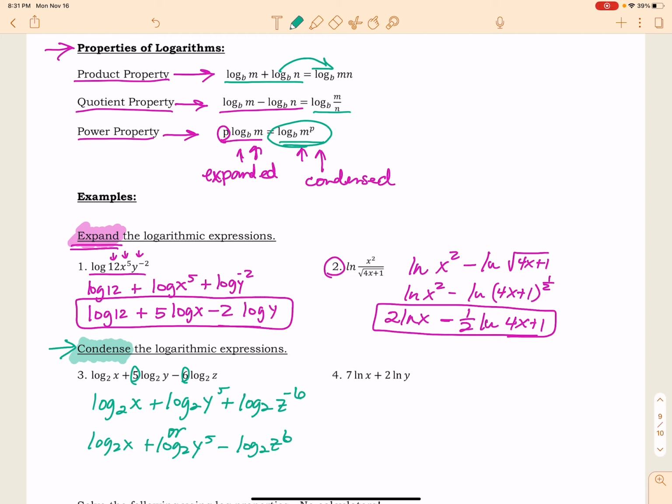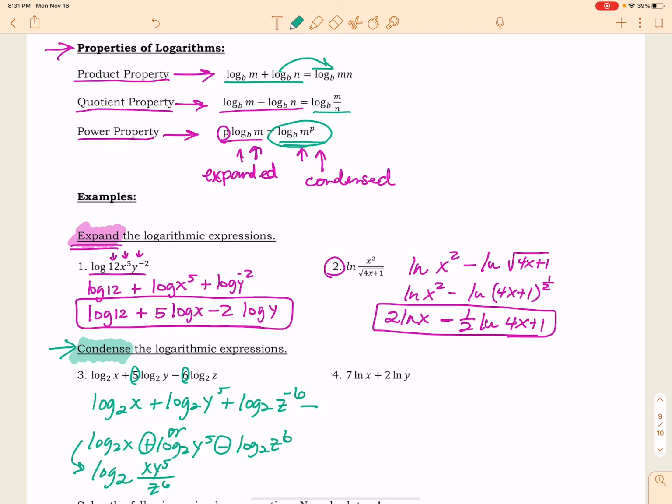So now I'm going to use my product property here and my division or quotient property here. So I've got log base 2 of x times y to the fifth divided by z to the sixth. And that is directly following from this step here.